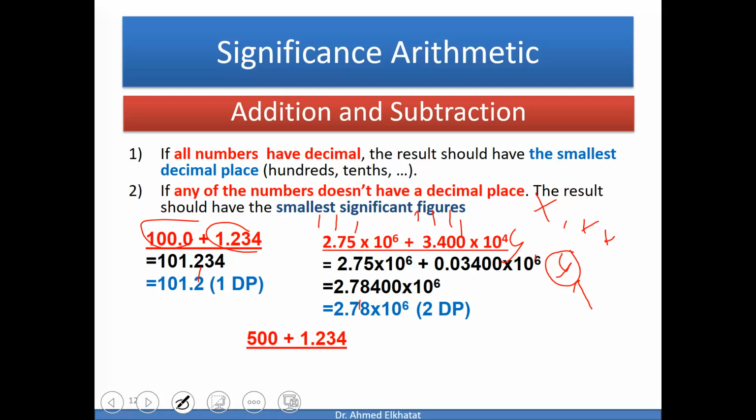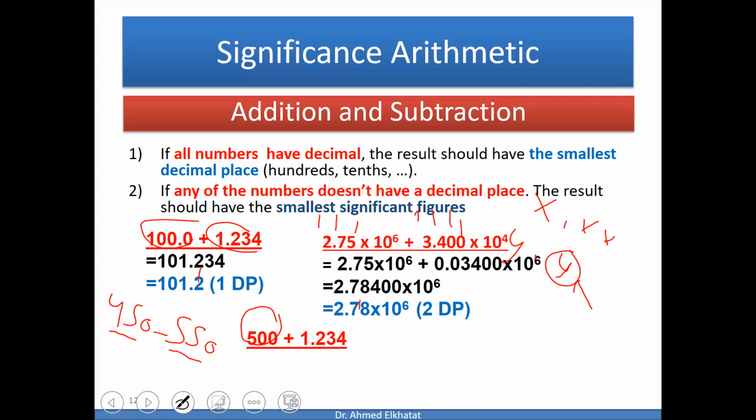Now let's go for addition if one of the numbers doesn't have a decimal. We add 500 to 1.234. How many significant figures in 500? Only one. That means the range is from 450 to 550, where this value is excluded and this value is included.